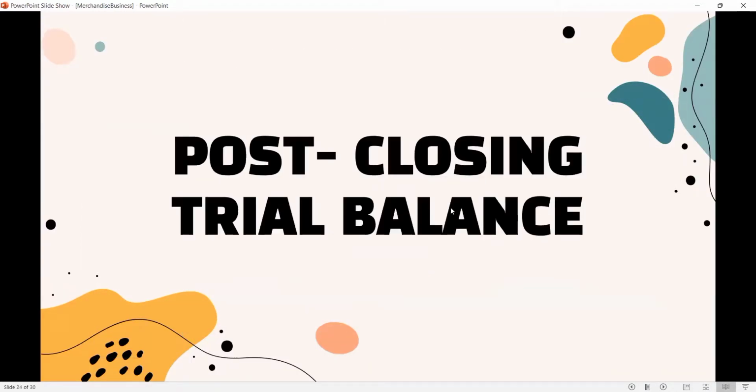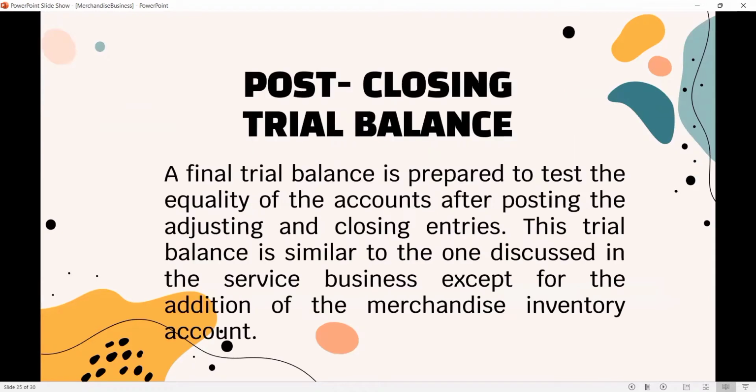So punta na tayo sa post-closing trial balance. So post-closing trial balance, a final trial balance is prepared to test the equality of the accounts after posting the adjusting and closing entries. This trial balance is similar to the one discussed in the service business except for the addition of the merchandise inventory.